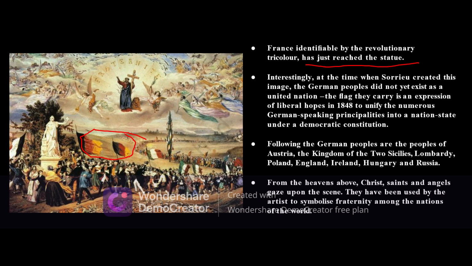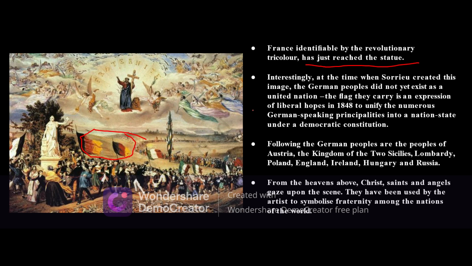Up to date, this same flag is followed in Germany. This flag was designed by the liberal nationalists during the 1840s. They had an aim to unify Germany, and it led to German unification, which we will be learning in detail in the same chapter. At that time, you'll understand this point in a clearer manner.